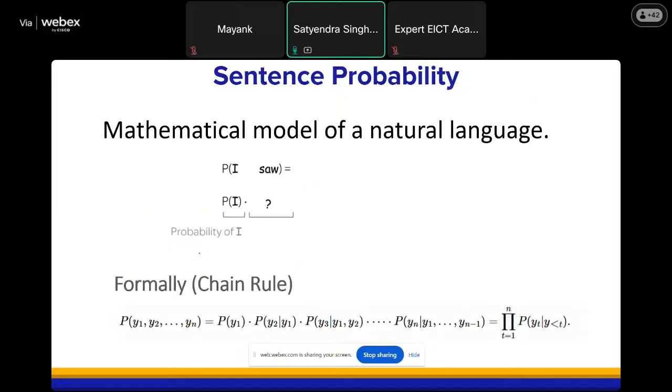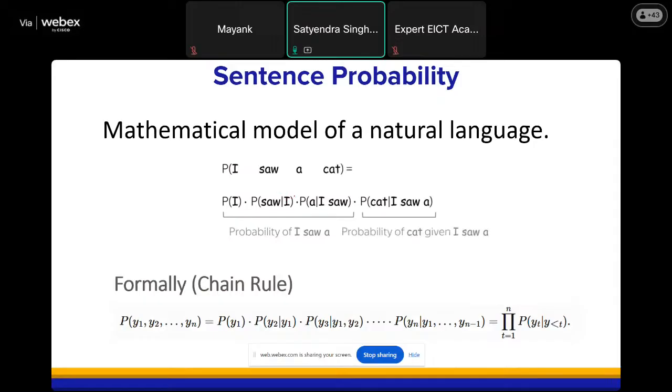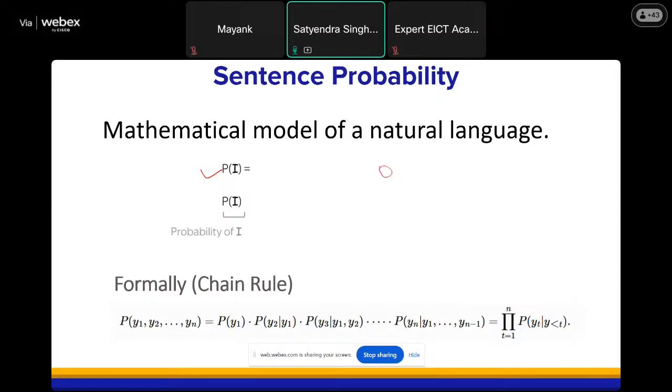So how do you define a mathematical model of natural language? How do you define the sentence probability? Unlike simple points or data, where you can simply define the probability of that point or vector, here a sentence probability is defined by the product of the probabilities of the tokens given the previous tokens. For example, let's say the probability of "I saw a cat on", and you want to predict the next word.